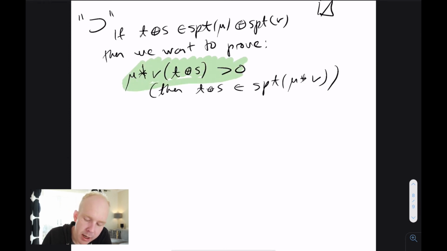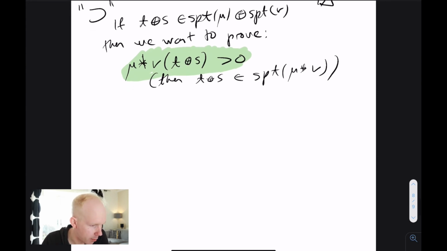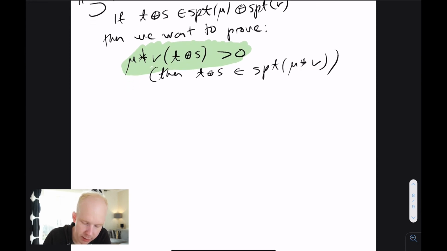And this is now just using again the definition of the support. So what we do is that we just compute.